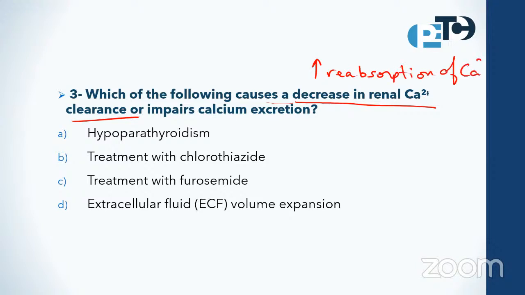So we are looking for the drug or substance that increases the reabsorption of calcium, which may lead to hypercalcemia. Hypoparathyroidism is not effective. Treatment with chlorothiazide: thiazide diuretics increase the reabsorption of calcium. So this is the right answer here.